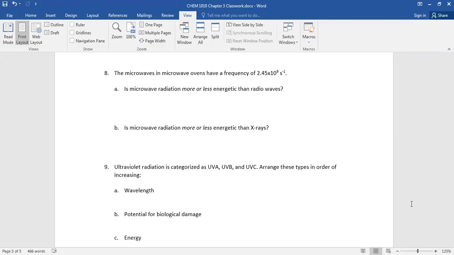So UVA radiation makes up about 95% of all the UV rays that make it to the Earth's surface. UVA penetrates deep into our skin and can even pass through glass. So UVA damages your skin, resulting in a tan. So it's the primary radiation type that's used in tanning beds. So UVA radiation, therefore, is going to have the longest wavelength of the three types.